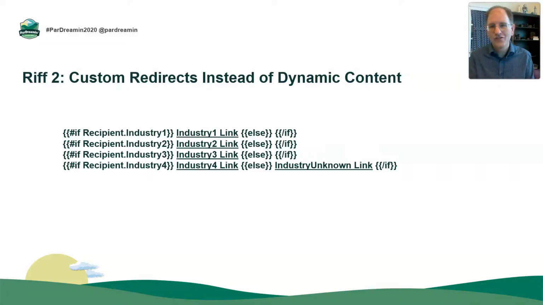So just fair warning, be really careful that people don't get into multiple industries unless that makes sense for your use case. Now, in this case, I also put one last else option, which is making sure that if all of these happen to be blank, that something shows up here. And maybe it's the industry unknown link that we have here.